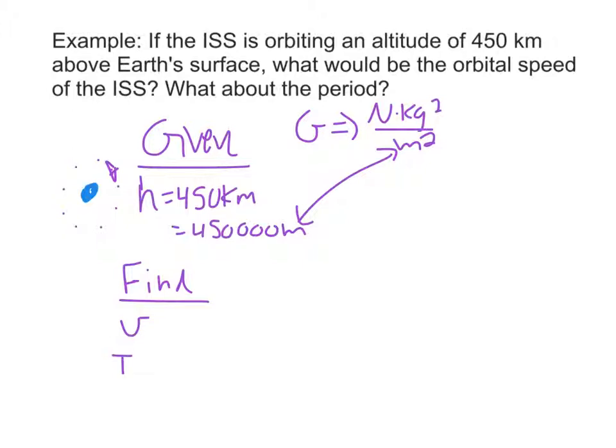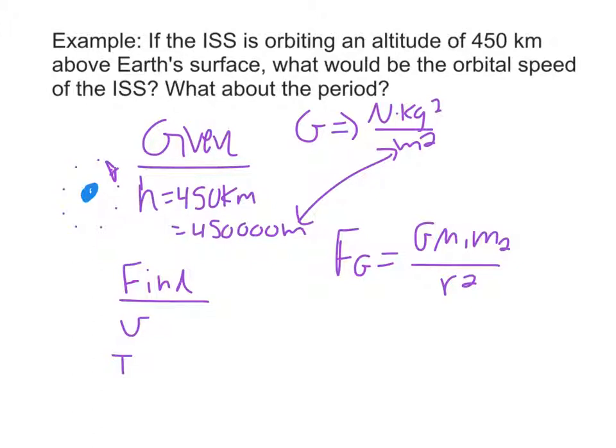And given one, we can easily find the other. We already know what the radius of the Earth is. We already know what the mass of the Earth is, so I'm not going to write those in as givens. Let's start with this equation. Fg equals G m1 m2 over r squared. So this will tell us the force of gravitational attraction as the satellite is orbiting the Earth.